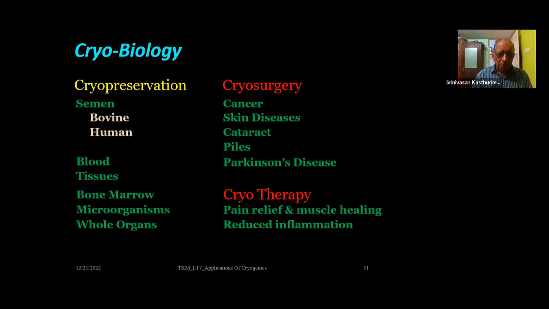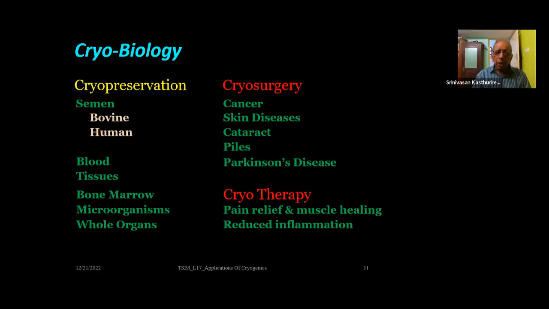All these things can be preserved at cryogenic temperatures. Then next we'll move on to cryosurgery. For example, you can use cryosurgery for taking care of blood loss during the surgical process, or removal of cancerous cells, skin diseases, cataract, piles, Parkinson's disease, etc. These things are possible under cryosurgery.